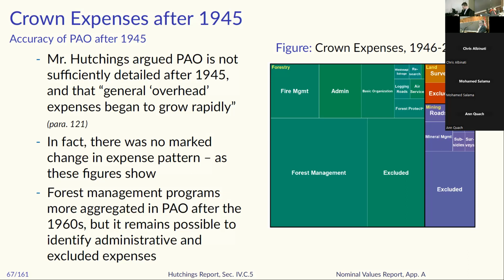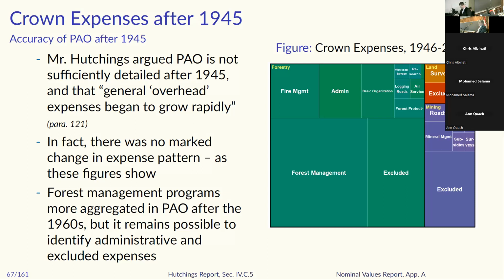In the second figure on slide 67, which covers Ontario Crown expenses from 1946 to 2019, why is the forest management box bigger than in the first figure? Forest management is a bigger portion of total forest spending after 1946.